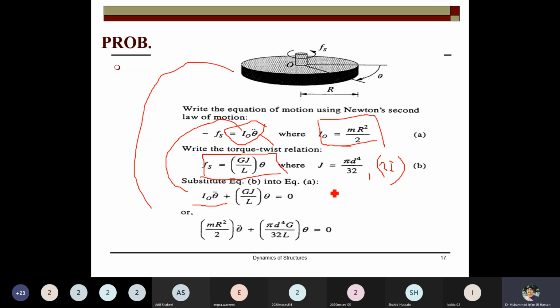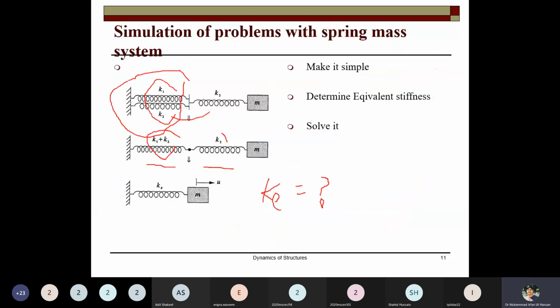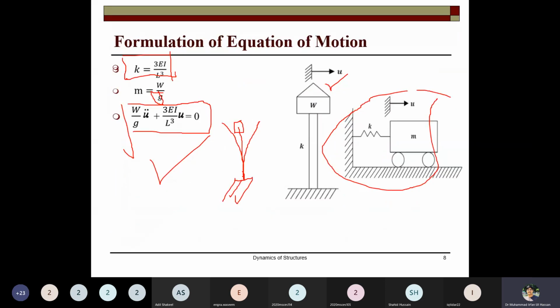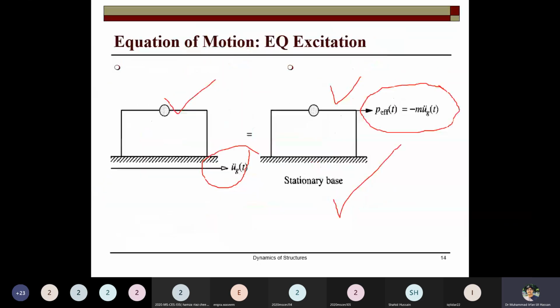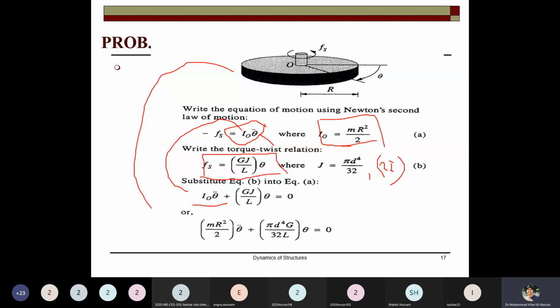So this is the case when your disk is subjected to rotation. The previous equations of motion were built when the system was subjected to linear movement, and this is the case when the structure is subjected to base rotation. In this way you should be able to solve the different problems linked with the equation of motion, and try working on it.